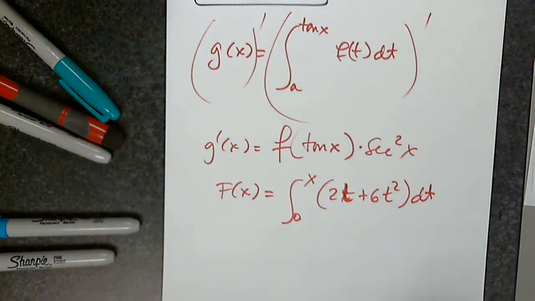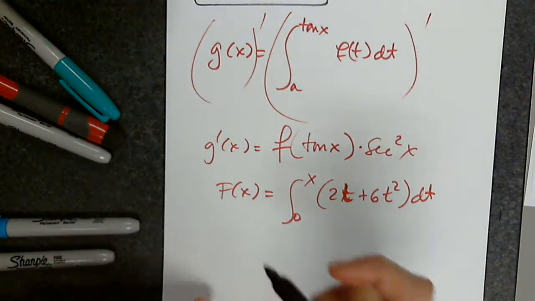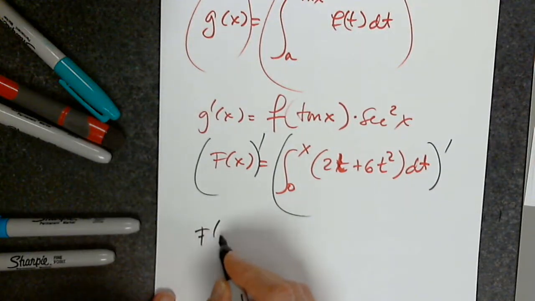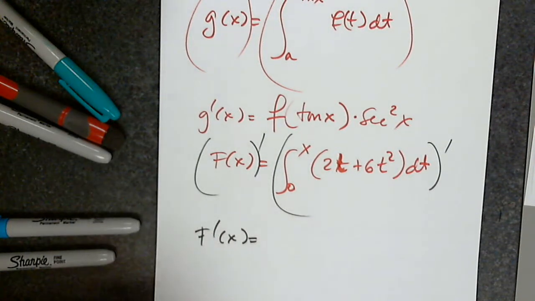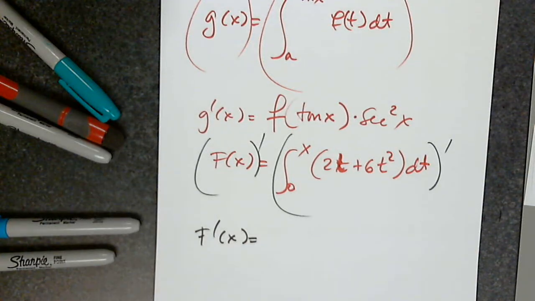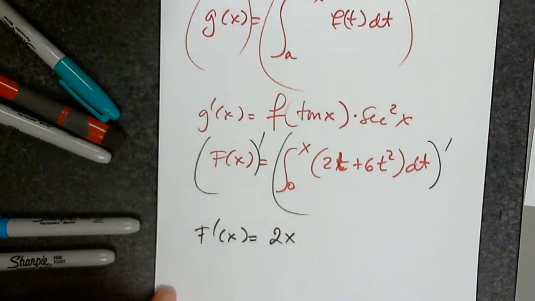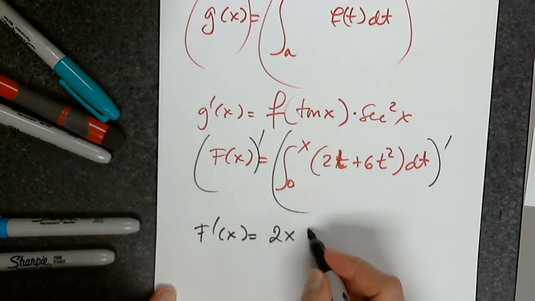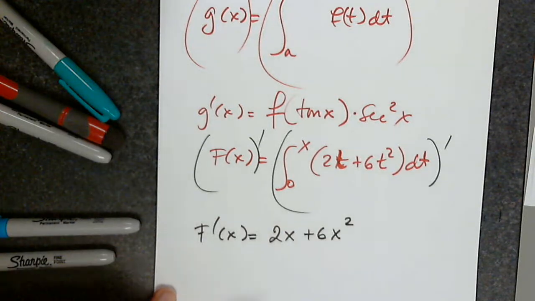Remember, we cannot be asked anything else but to find the derivative of uppercase F. So we differentiate the left, we differentiate the right, and F prime will be 2x plus 6x squared.